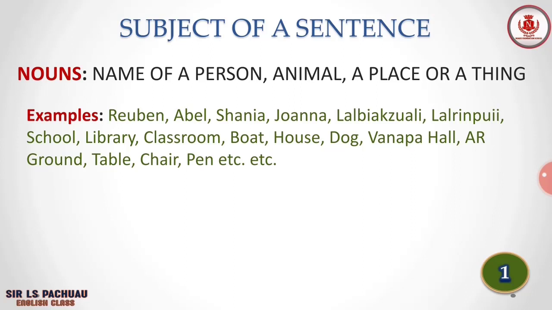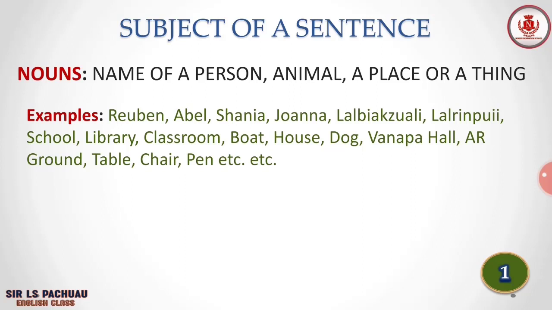These are names, so they are nouns. School, library, classroom, these are names of places. And boat, house, dog.